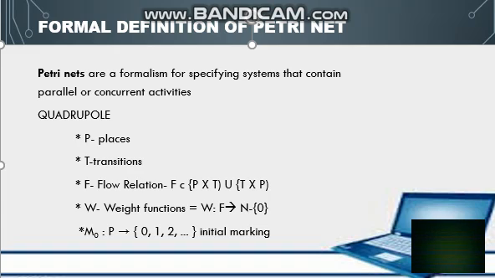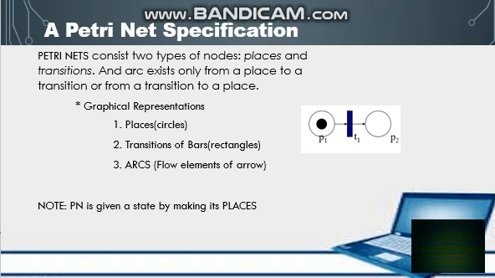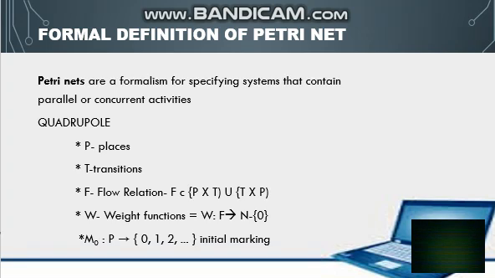P is a finite set of places, T a finite set of transitions, and F is the flow relation, while a Petri net without the initial marking is denoted by N, which consists of P, T, F, W, or places, transitions, arcs, and the weight function. While a Petri net with an initial marking consists of N and M0.